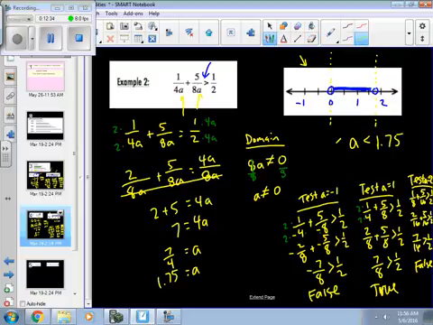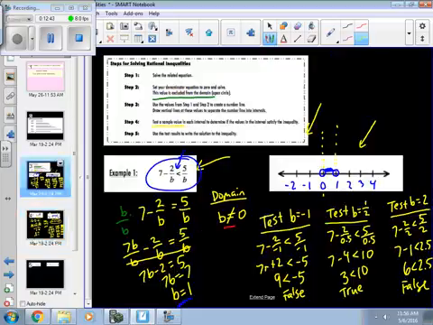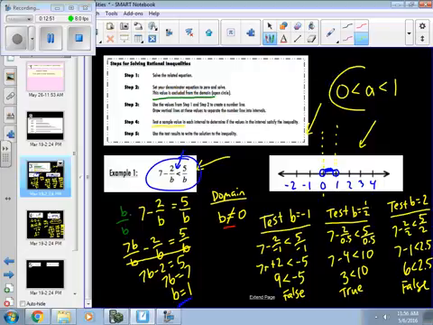But a also has to be greater than this value here of 0. So it would be the compound inequality there. On our last one, similarly, our inequality that would describe our region here would have been a is less than 1 and greater than 0. That's the inequality that describes the graph.